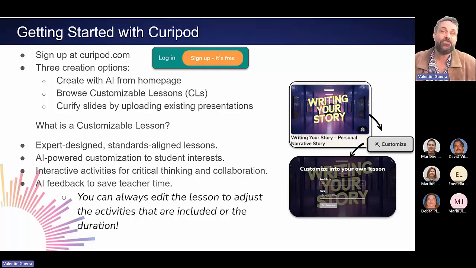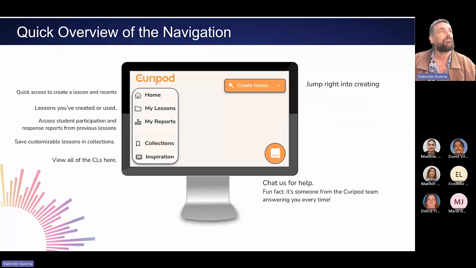One of the coolest features that I like is that when your students do some of the map thinking, or if they do the open response, it will allow them to get feedback from an AI bot automatically. One key thing to know is that you can edit the lessons that are already created, or even the ones that you curify, to align to the duration and to whatever you would like to use.